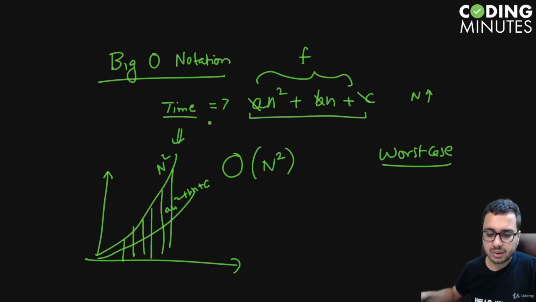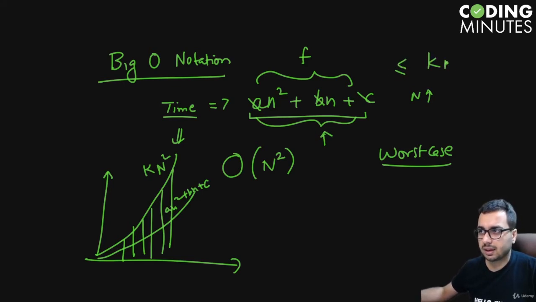So this can be written as, let's say, k n square: the function is going to have a value less than or equal to some k n square, for some value of k. Basically it tells us that in any case the complexity of the algorithm is not going to be n cube or n to the 4, everything would be below n square.